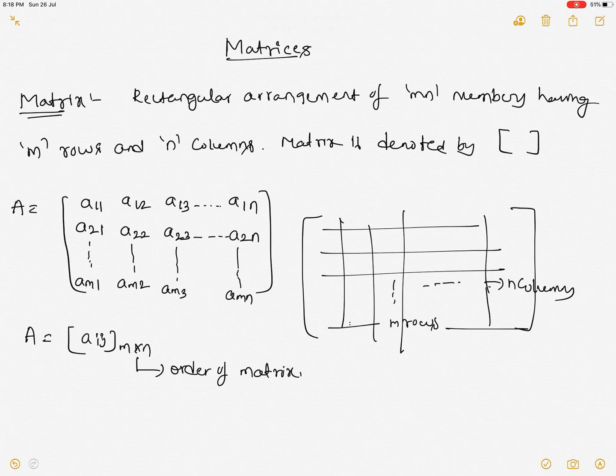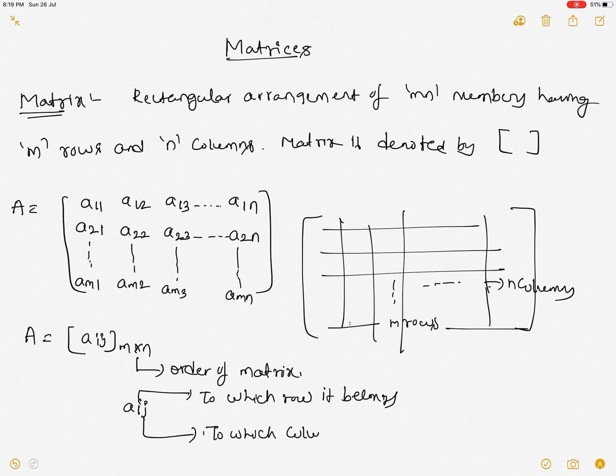Here, what does Aij indicate? i indicates to which row the element belongs, and j indicates to which column the element belongs. This is the first row, this is the second row, this is the mth row.